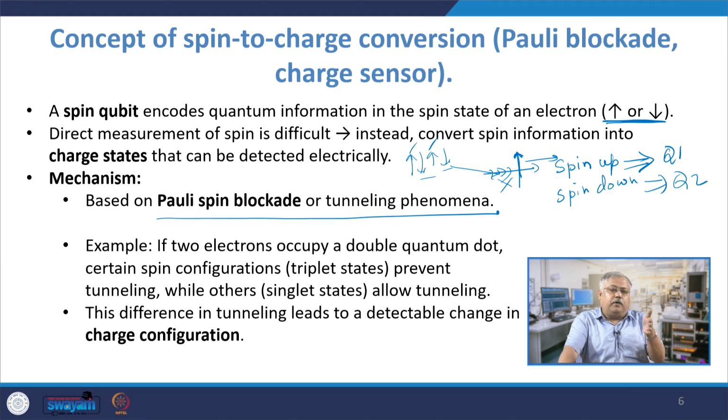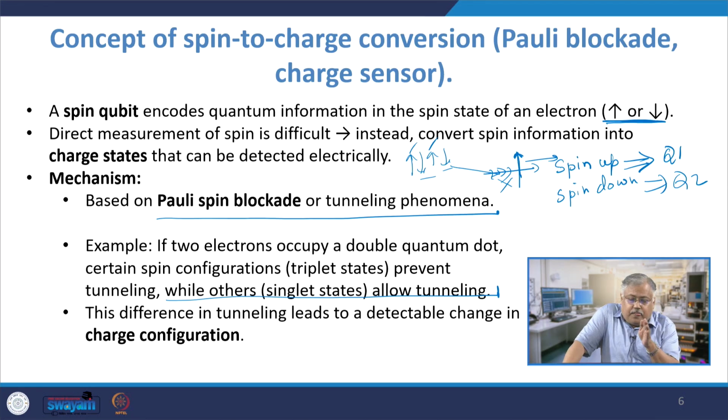So depending upon the state of the spin, certain states are allowed to move through the filter into the external world and certain states are stopped by the filtering. That is what is written here: they allow certain tunneling to occur, and therefore the difference in the tunneling rates leads to a detectable change in the charge configuration.